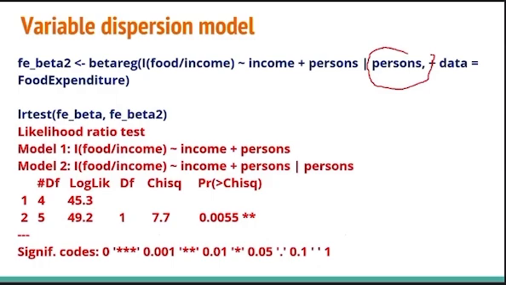I have income, I have persons, because the number of persons in your household may determine the amount of income you're going to spend on food. And that's why I'm using persons. And at the end of the day, when I perform the likelihood ratio test, do you see the p-value? It means persons contribute not only to the rate, to the amount of income spent on food, but also contribute to the variability. That's exactly what you see.